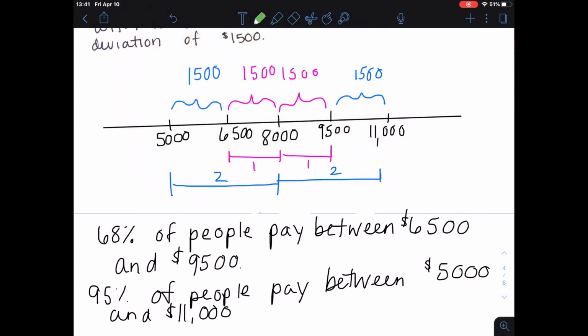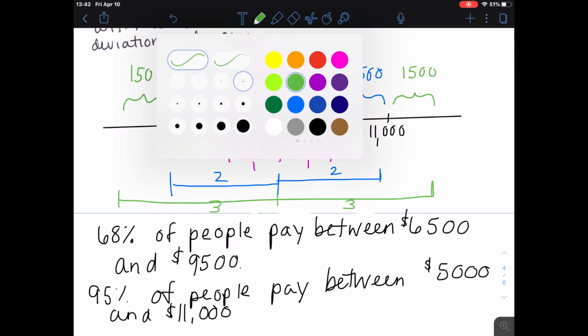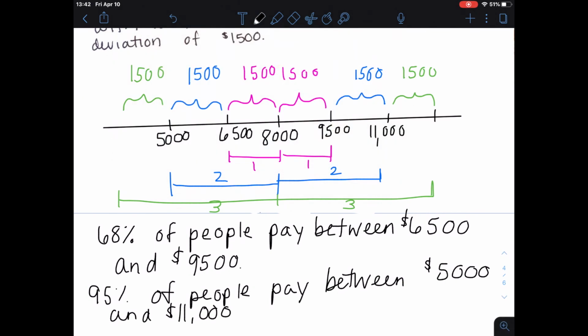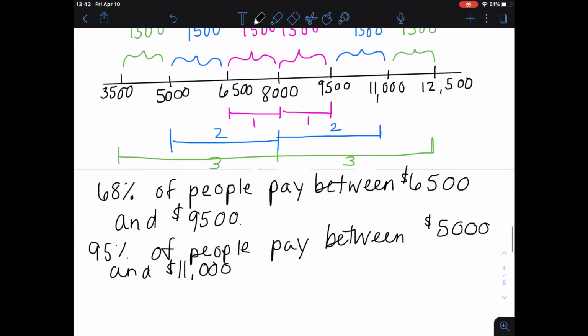And then if we go even further and go out a 3rd standard deviation, so you go out 1,500, go out 1,500. So these two values will be 3 standard deviations. If you add 1,500, this would end at 12,500. Subtract 1,500 from here, you get 3,500.